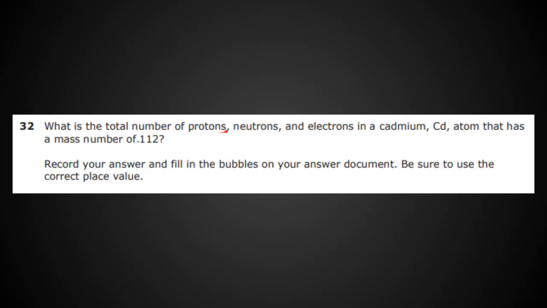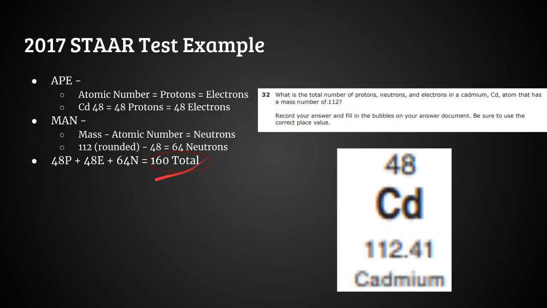What is the total number of protons, neutrons, and electrons in a cadmium atom that has a total mass of 112? What we do for this one is, first we gotta do our APE here.